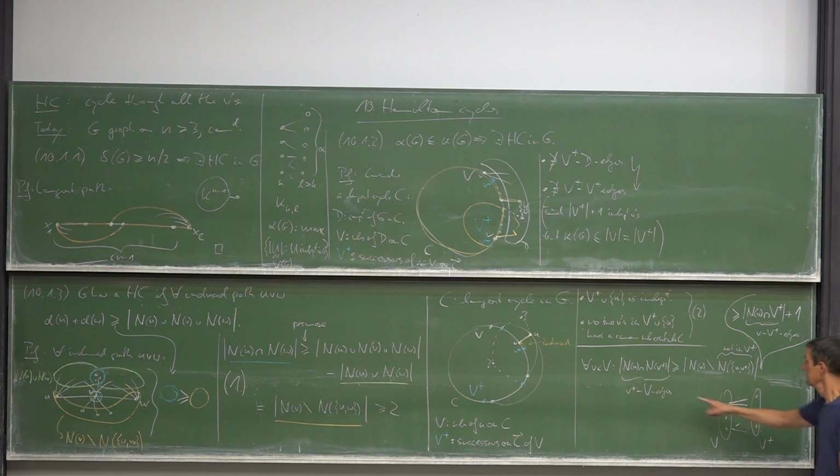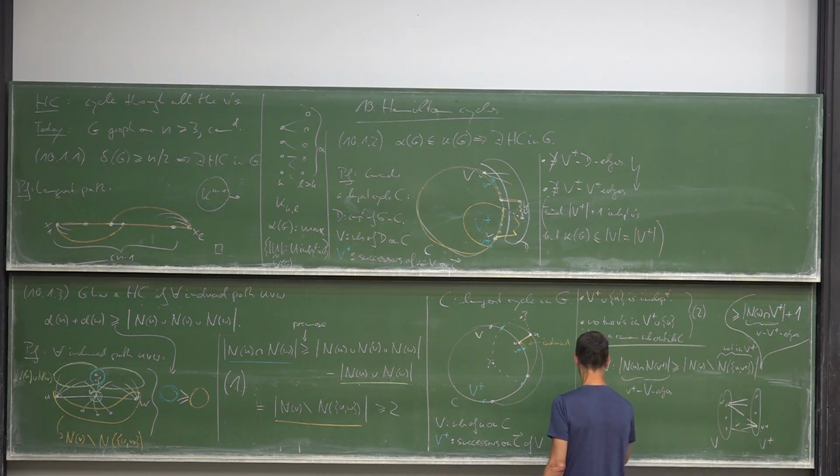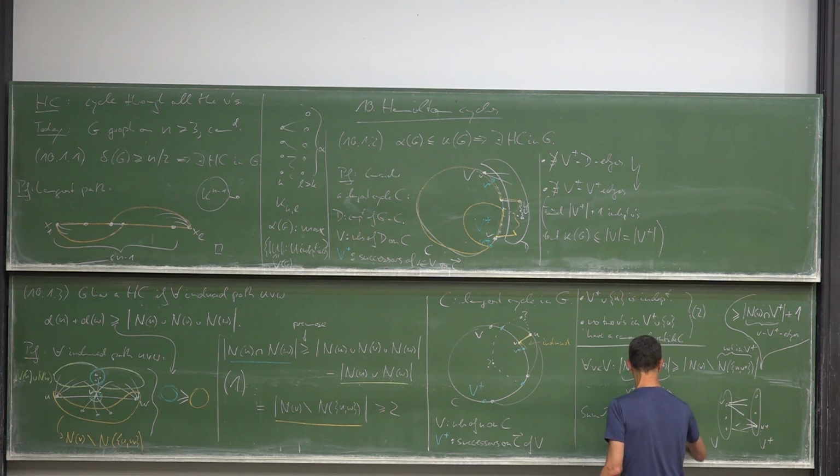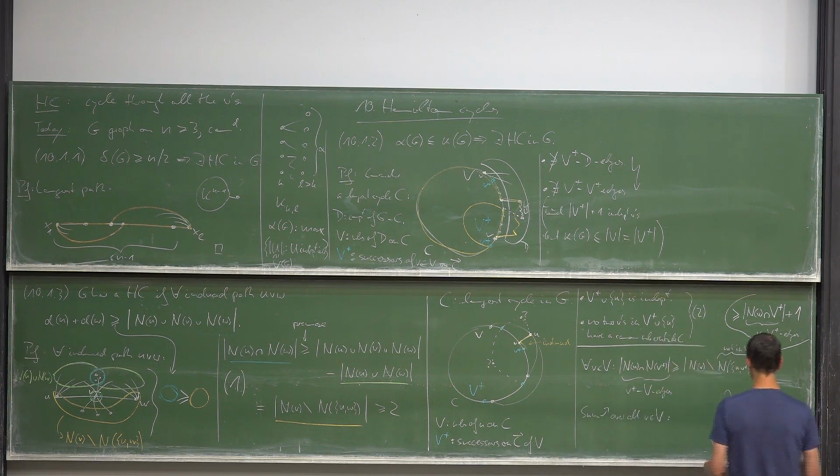This counts for every little v plus the edges incident with this v plus. And if we sum over all of them, then both count the same set, namely the number of these edges.